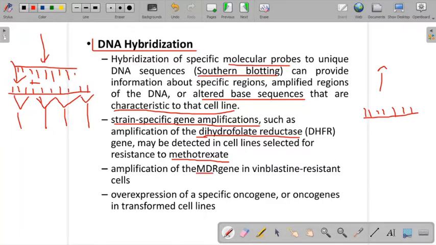Like several MDR genes, multi-drug resistance genes, in vinblastine resistance. Multi-drug resistant bacteria are right now coming up in medical conditions. It is the worst medical condition we are facing, because people are daily facing very heavy antibiotic exposure.